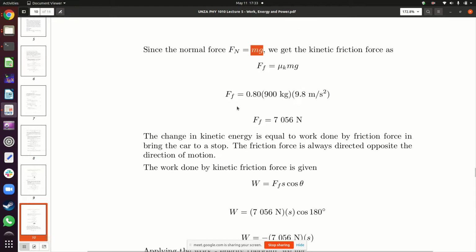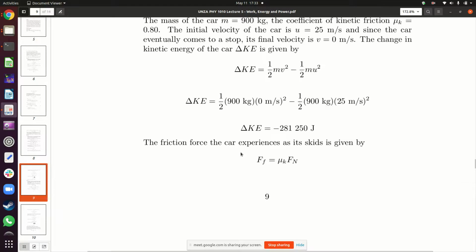So in this case, your friction force is equal to 0.8 multiplied by 900 times 9.8 meters per second squared. You end up having the friction force equal to 7,056 newtons. So this is our friction force, and we know that this friction force is acting in the opposite direction.